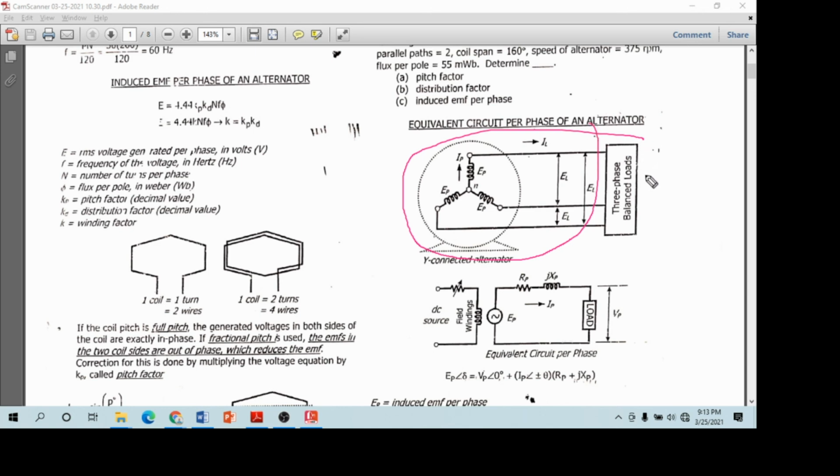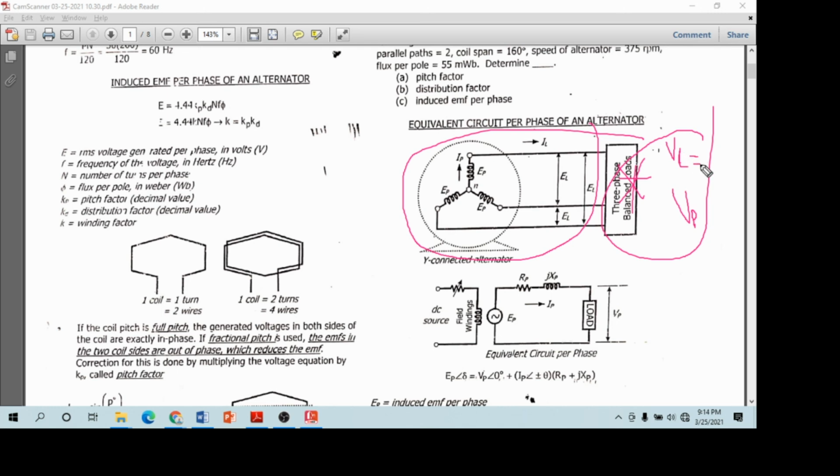Those VL we solved earlier were only to solve for VP, so that is for the load.